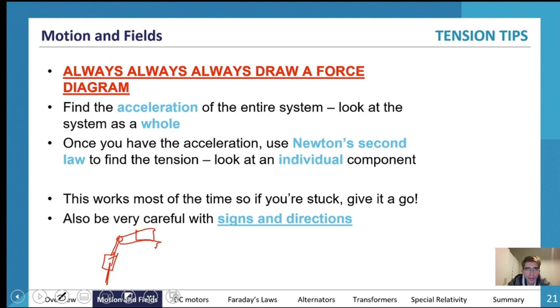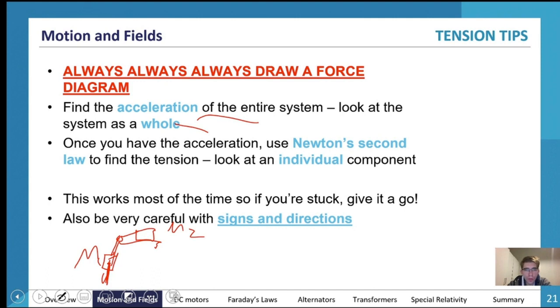So as I said, in the case of a pulley system, first of all, you consider them as a connected body and try and find the acceleration of the system as a whole. The only force acting on them initially is the weight force, which pulls on the mass here. Let's call it mass 1 and the mass at the top, mass 2.